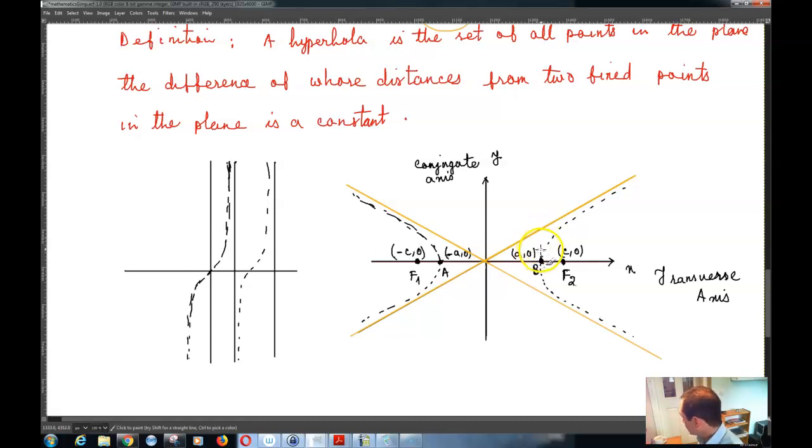But there is some distance over here, which is basically perpendicular to the x-axis, something like this.